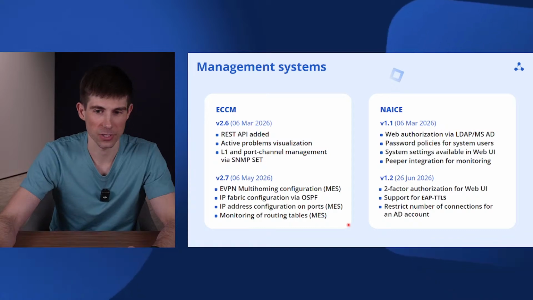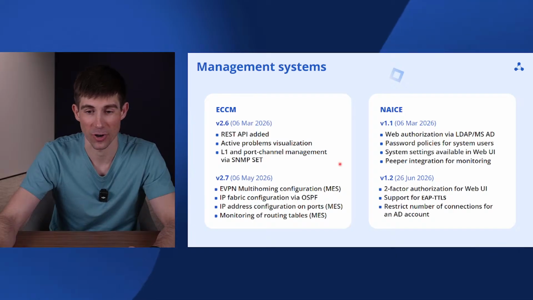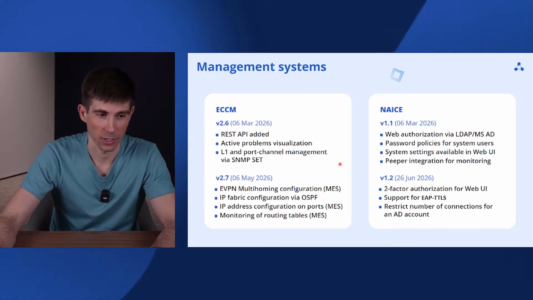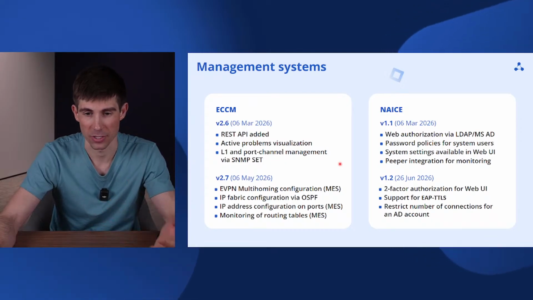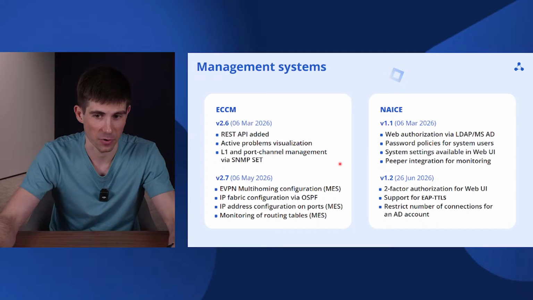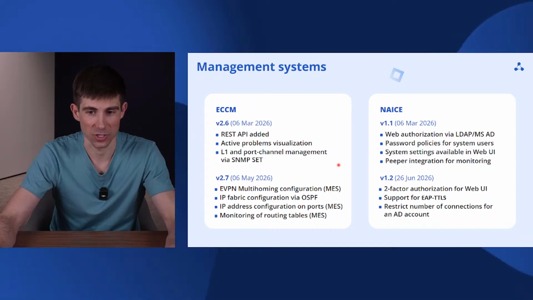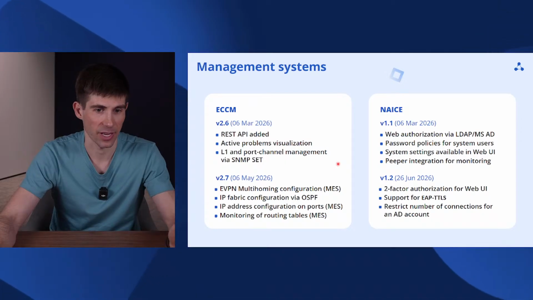Version 2.6 is something where we had introduced REST API. It is a great thing for connecting with external SIEM systems where it wants to retrieve things like device information, group statistics, information about problems, events, tasks.